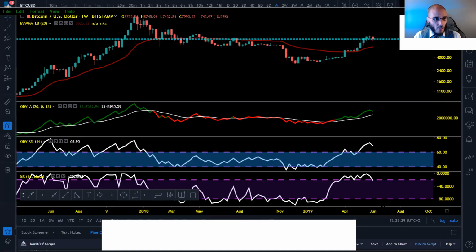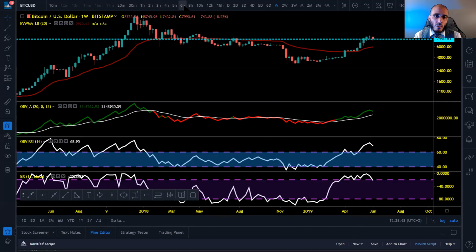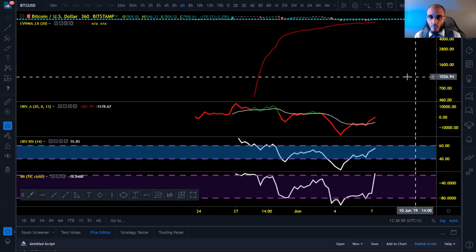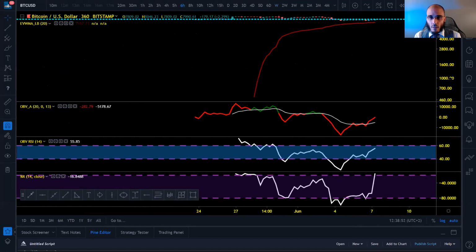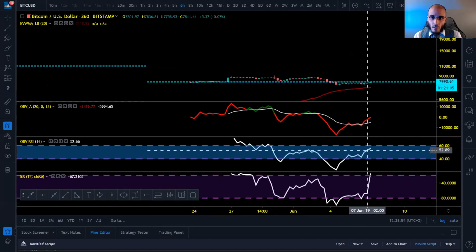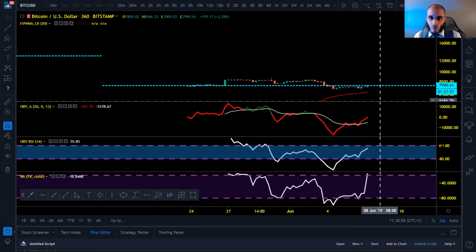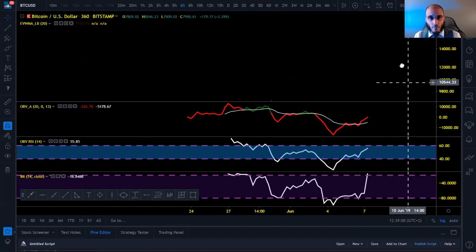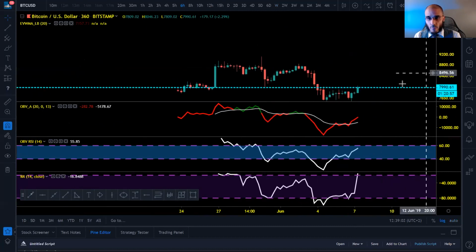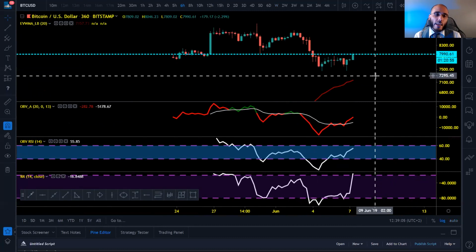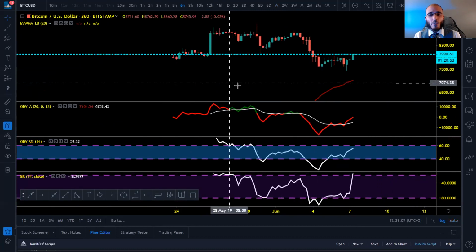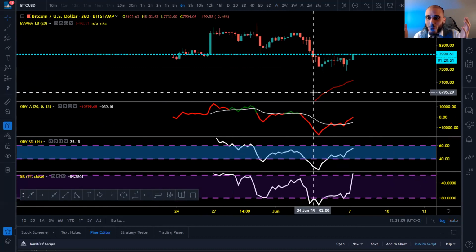And the 6 hour chart, I can't see anything because it does not want to show me. Okay, I cannot believe it. I have to reload that chart too. What's wrong today?